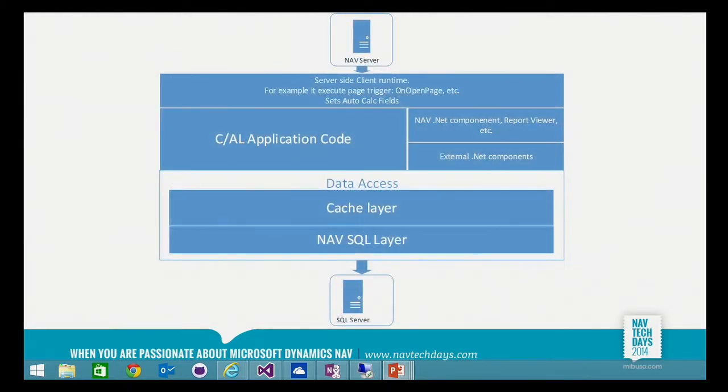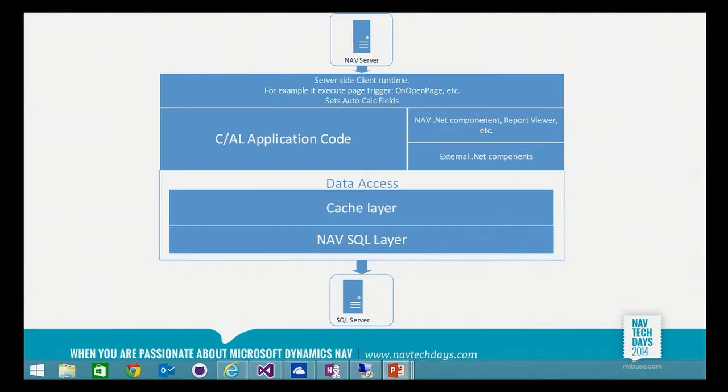Okay, so here is, again, the NAV architecture, but on this diagram you can see the architecture of NST only. On the top, the first layer contains the client server runtime, which includes, for example, triggers, on-page triggers, then filtering, evaluation, formatting, and, for example, auto-calc fields are set by the client runtime on the server side.